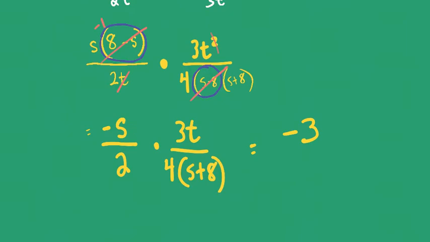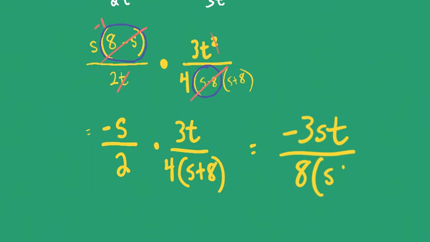You could write it as -s and then 3t. That wouldn't be wrong. But typically the number goes out front, and then the variables, when they're multiplied, are in alphabetical order. Then on bottom, multiplying the 2 and the 4 and the s plus 8.